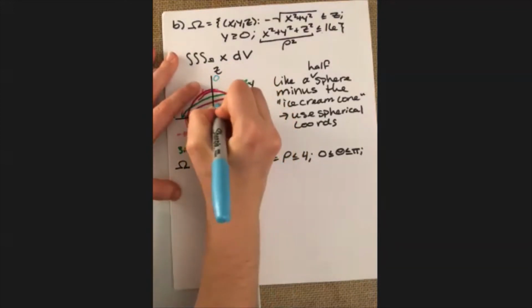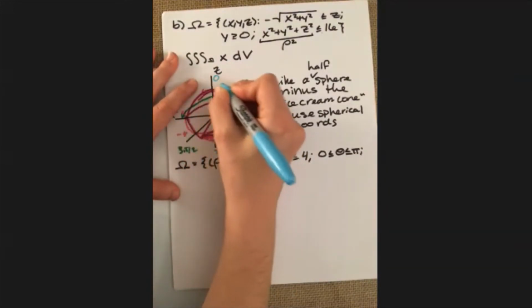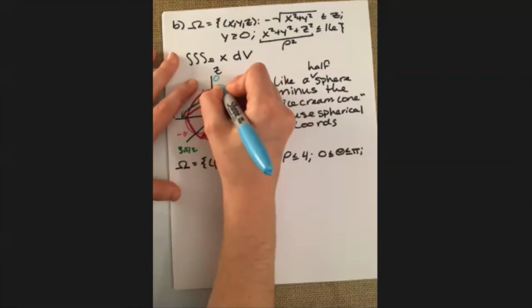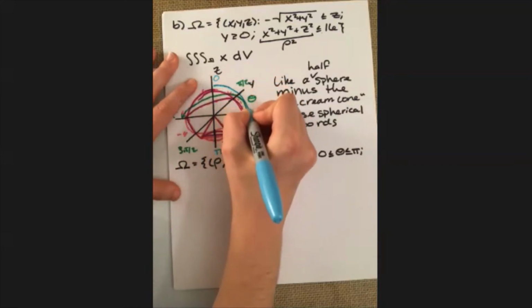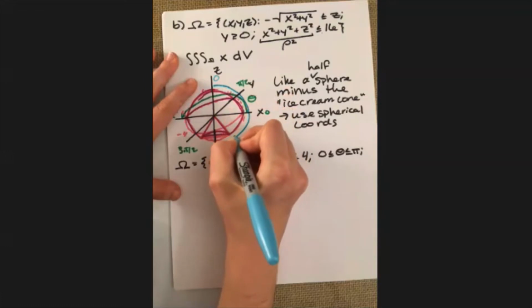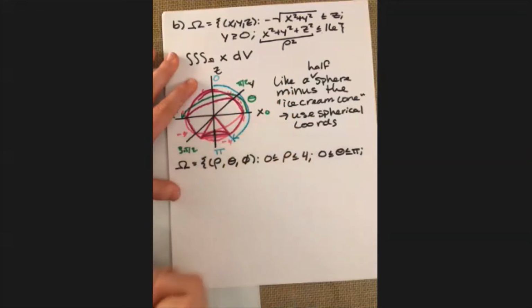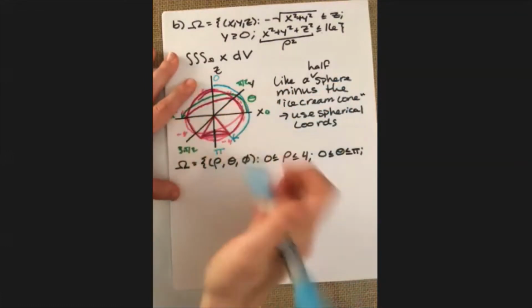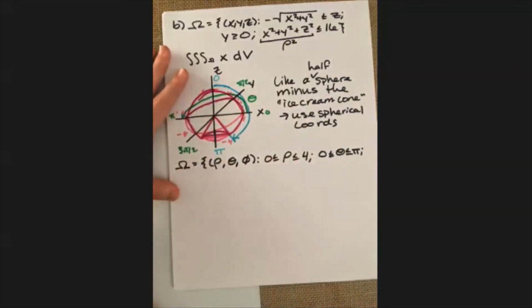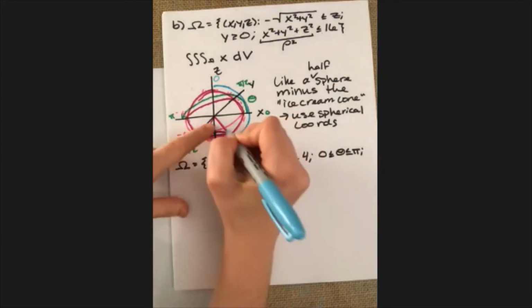In particular, we're allowing phi to start here on our z-axis, and we want it to swoop down like this, pass through the xy plane, and then come down to right here. Okay, because we don't want it to go into this part where we took out the ice cream cone shaped piece. So we want it to stop right here.